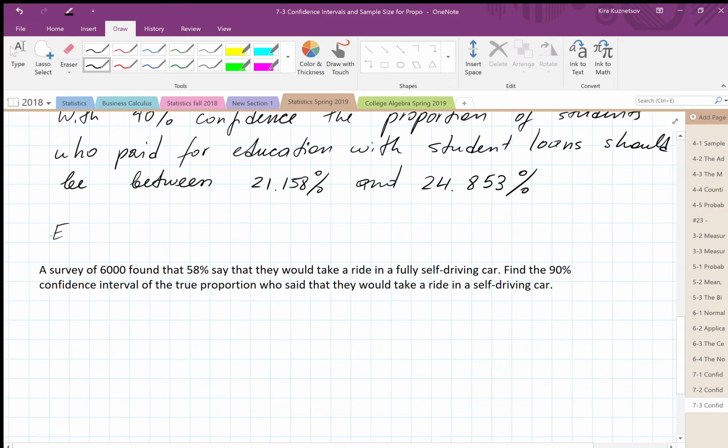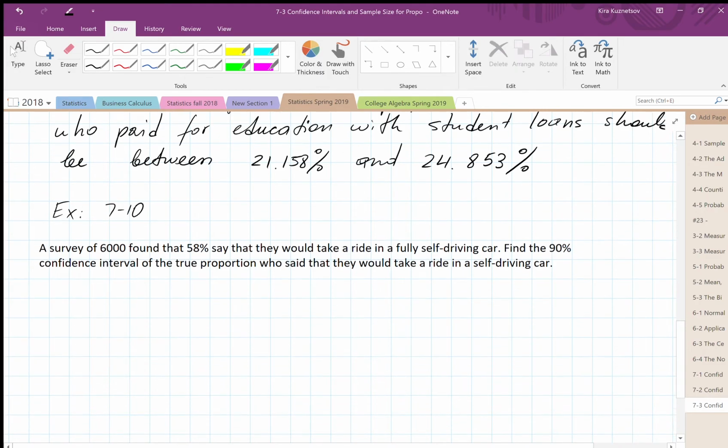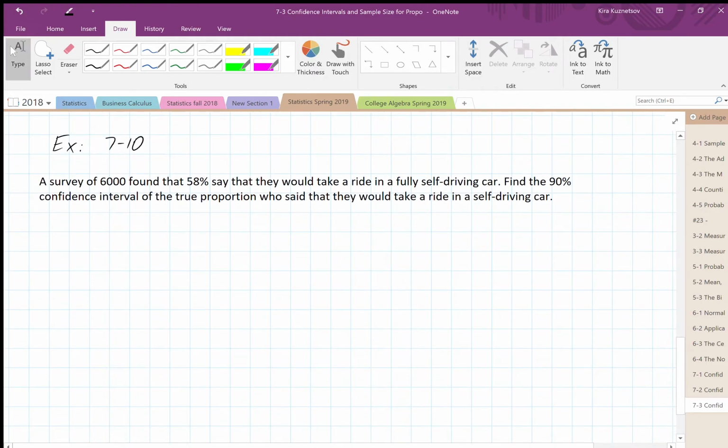This is example 7-10 in your book. A survey of 6,000 people found that 58% said that they would take a ride in a fully self-driving car. So taking a ride in a fully self-driving car, that's your success.